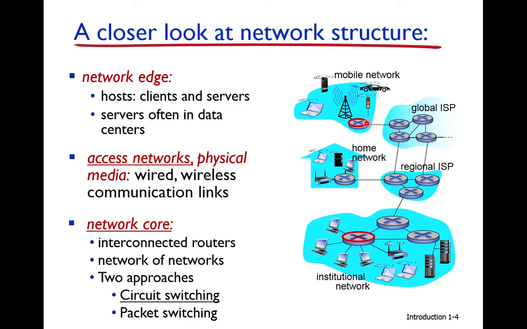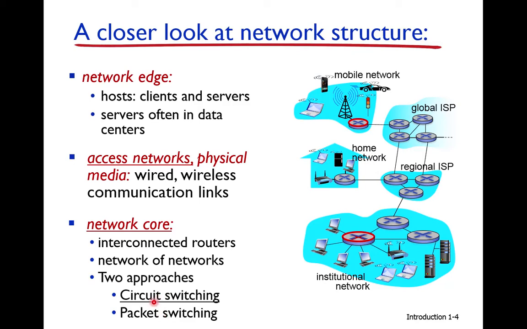So when the data is moved from source router to destination router through the network core, there are two approaches. One is called circuit switching and one is called packet switching.